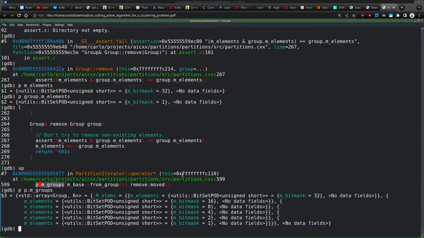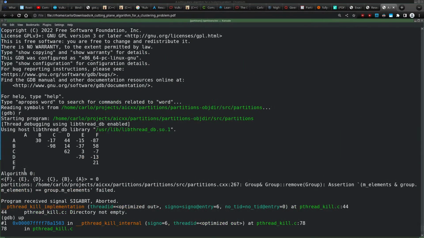Well, we start with one element in each group, and these are the groups.